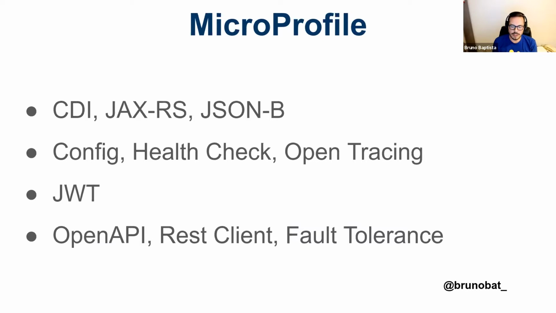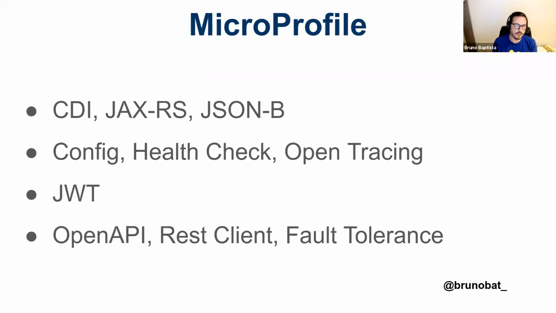If you are using your service in a Kubernetes environment, you will need to have the liveness and the readiness checks, so Kubernetes knows if your service is up and also ready to serve requests. OpenTracing for distributed request tracing between services, and JWT, the JSON Web Tokens standard that deals with authentication tokens with OAuth2.